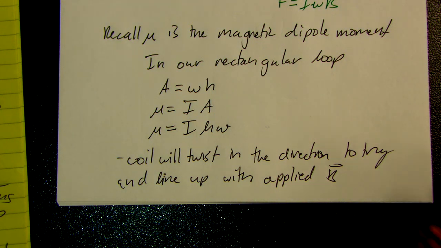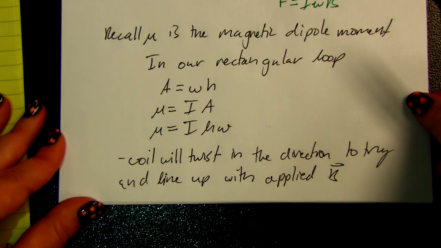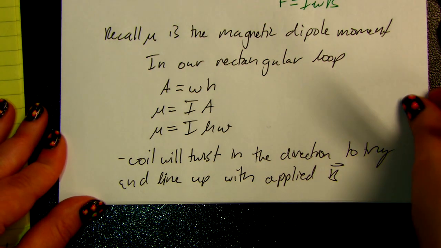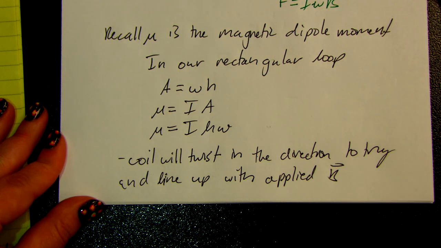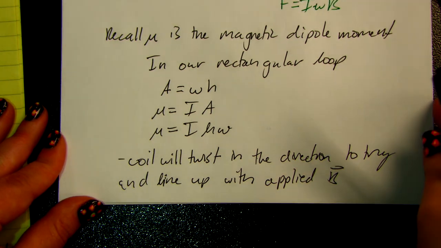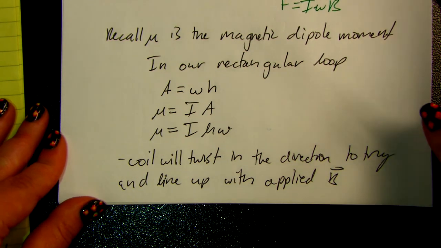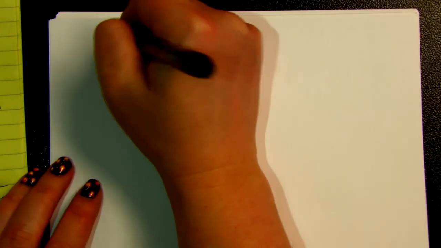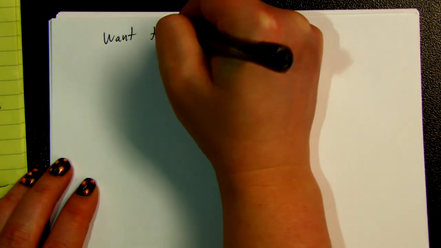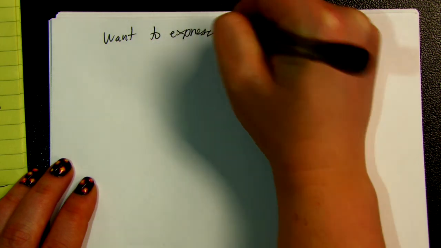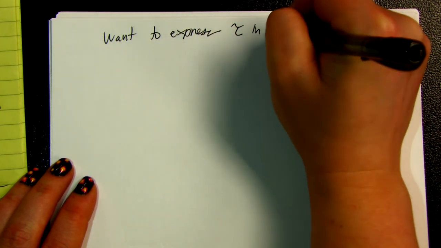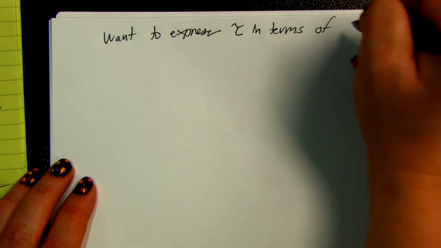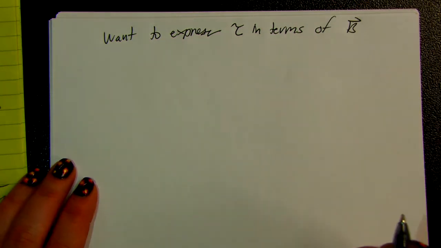So what we are dealing with, of course, is torque caused by a magnetic field around the area of a current carrying wire. So let's think about some torque. So what we want to do is express torque in terms of the magnetic field B.